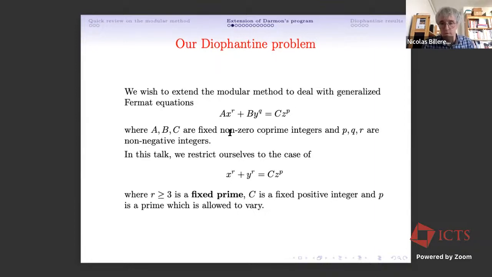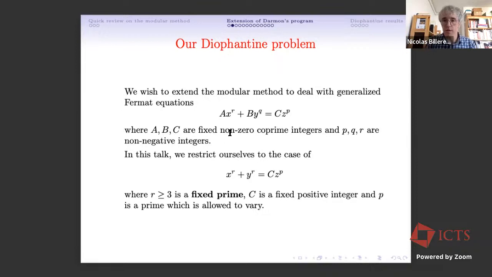So that will be the case of the equation x^r + y^r = C z^p, where r is going to be a fixed prime, C is also a fixed positive integer, and p is a prime which is allowed to vary.